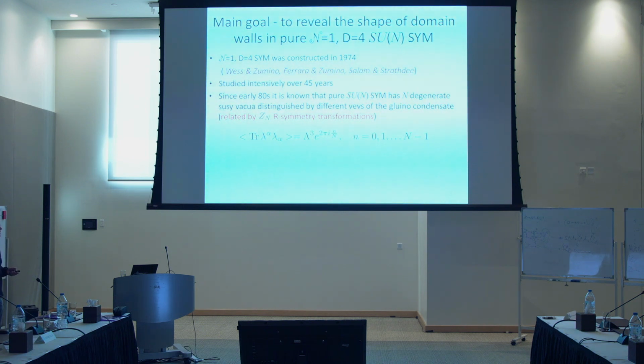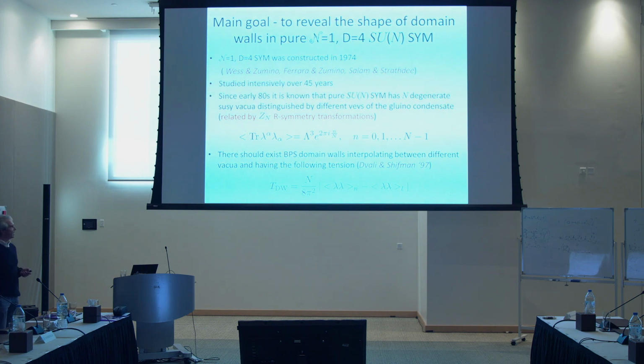And then it took some time to realize that since there are N different vacua, there should be domain walls, BPS domain walls, which interpolate between these different vacua.